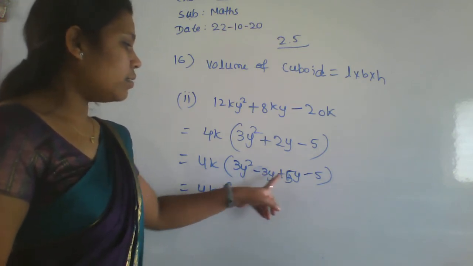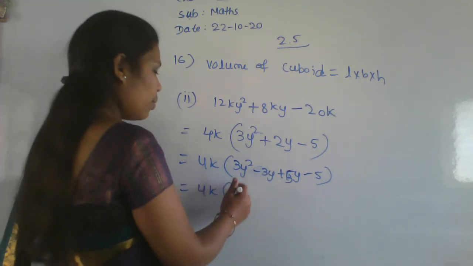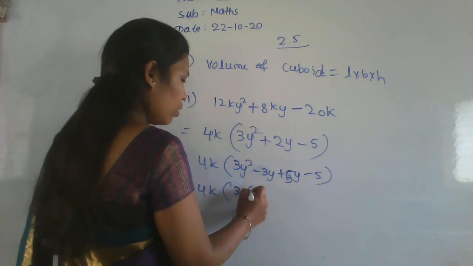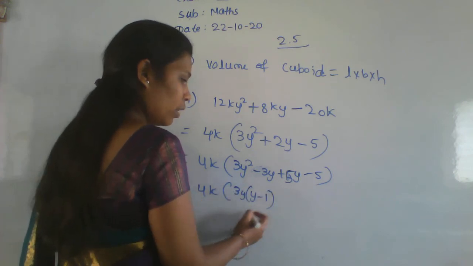Now take 3y as common. What is left here? y minus 1.